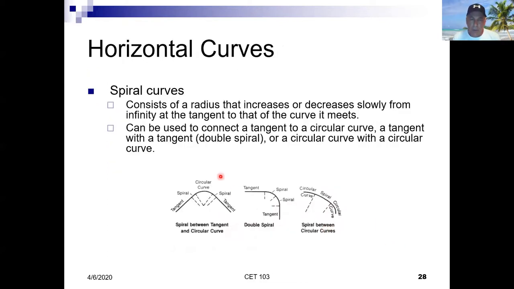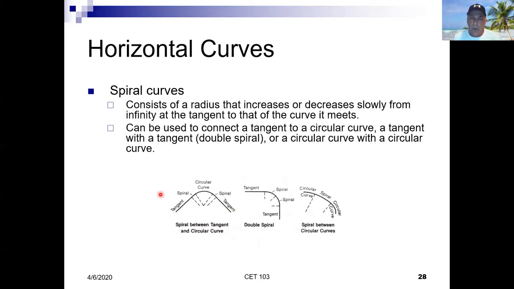A spiral curve. Now, a spiral curve is different, and as I mentioned, we weren't going to spend much of our time talking about spiral curves, but I do believe they need some sort of recognition in that the surveying student understands the difference between the two.